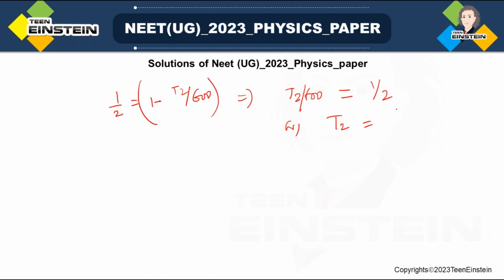Okay, so now we can do it. This is as 600 by 2. So this is actually in Kelvin. We have to make it in degree centigrade. So this is actually 300 Kelvin.